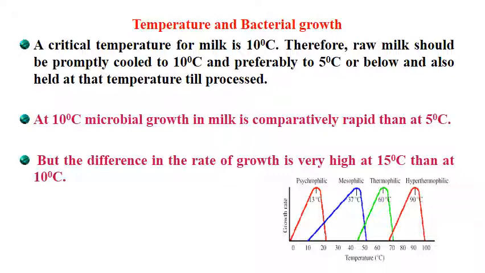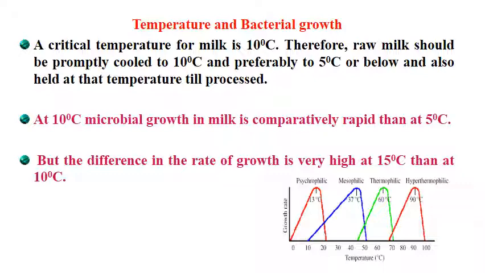Mesophilics are the most common, which can grow at around 30 to 40 degrees Celsius, whereas psychrophiles can grow at 10 degrees Celsius or below. A critical temperature for milk is 10 degrees Celsius. Therefore, raw milk should be promptly cooled to 10 degrees Celsius, and preferably to 5 degrees Celsius or below, and also held at that temperature till processing.